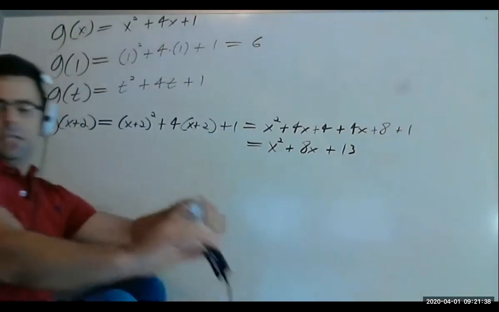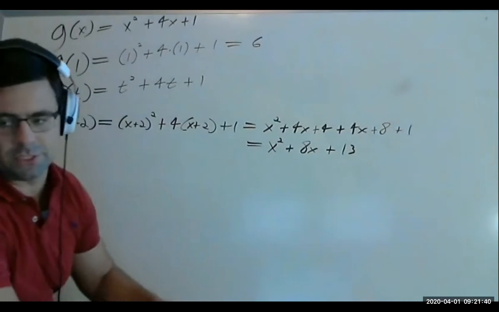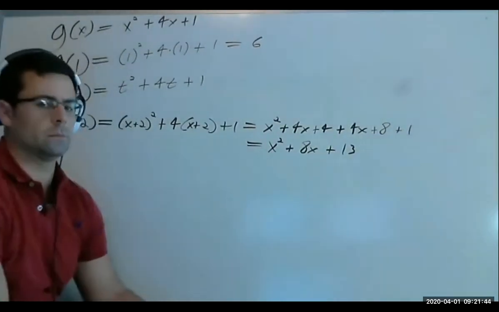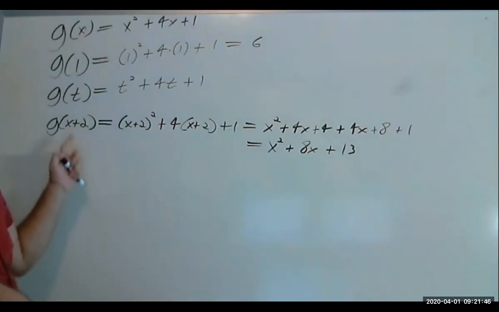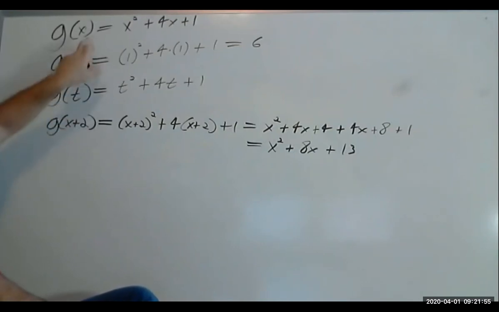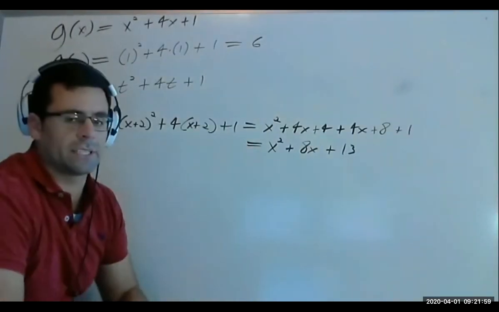The point is you can evaluate a function with anything. The process just means you take whatever you're evaluating it at and you replace whatever the original one was. So it's just like a set of instructions.